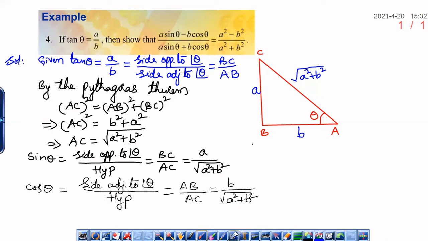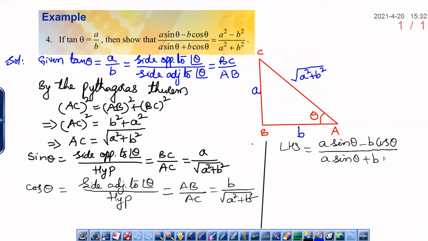Now you take LHS, where LHS is equal to A sin theta minus B cos theta divided by A sin theta plus B cos theta. Now substitute sin theta and cos theta values. So what we will get?